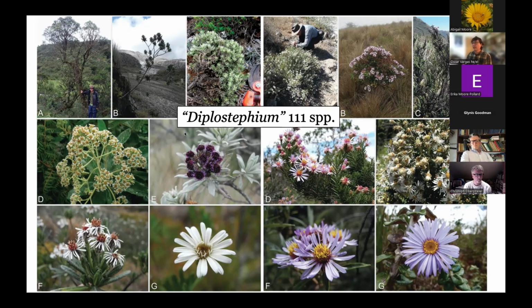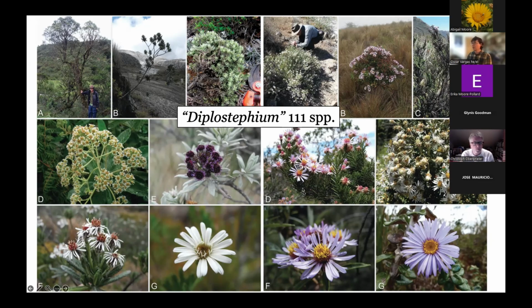In relation to the capitula, the species that are in the forest are typically going to have an inflorescence with multiple capitula, like you can see here in D. So these flowers belong to A. Then you go up in elevation, you're going to see a reduction in the number of heads.